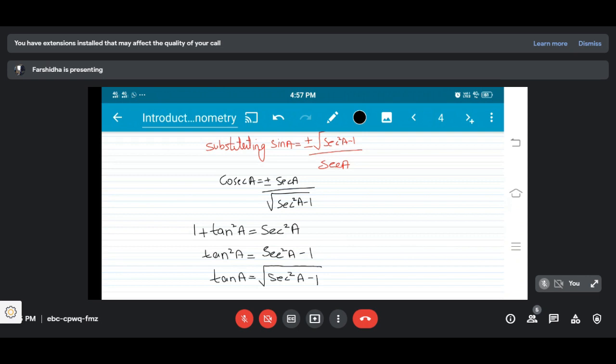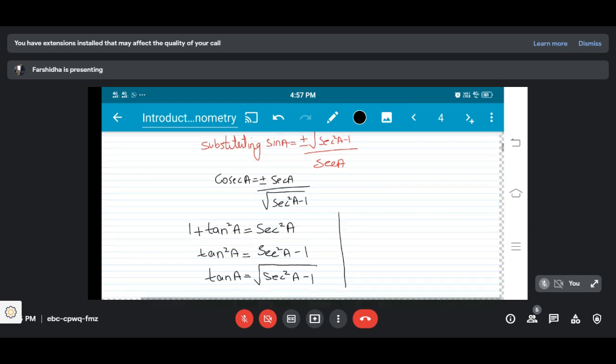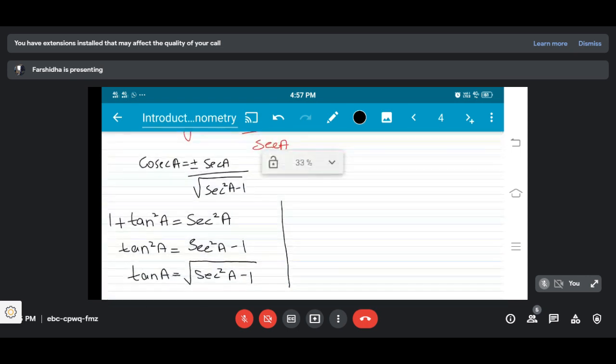Now one more is there, cot. So we know cot A is equal to reciprocal of tan. 1 by tan A. So substitute this value.